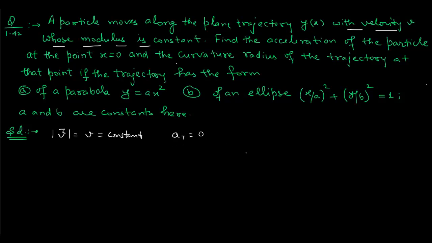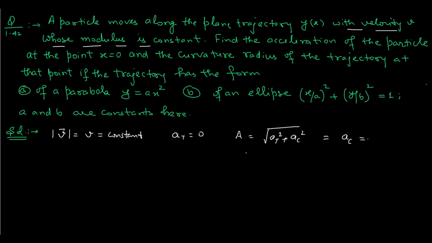And what we have to find out is the total acceleration, which I am denoting here by the letter A, that is equal to the square root of tangential acceleration square plus centripetal acceleration square. As AT is 0, we only need to calculate AC in this situation, and the total acceleration comes out to be equal to AC only.